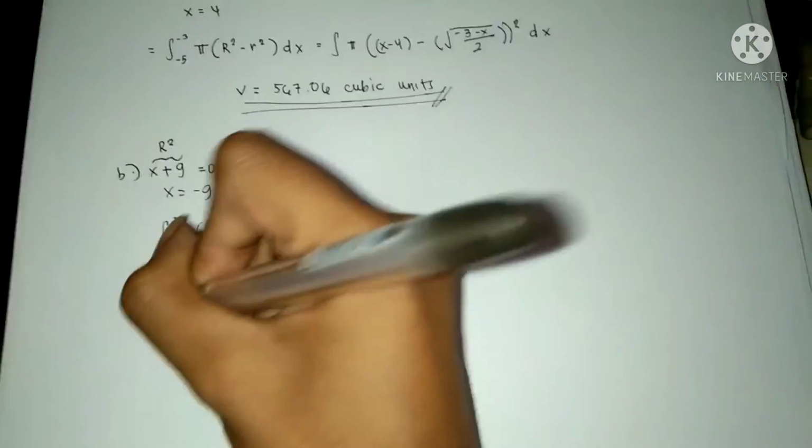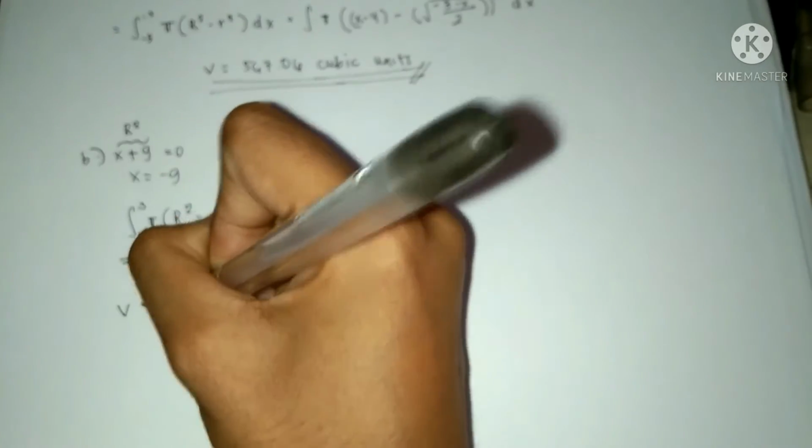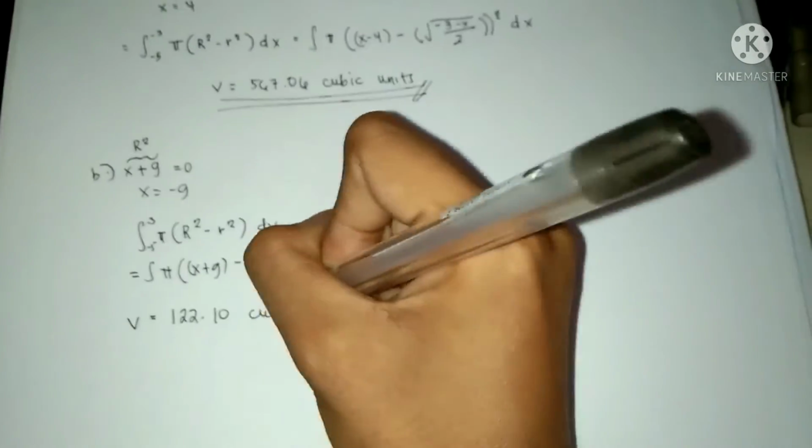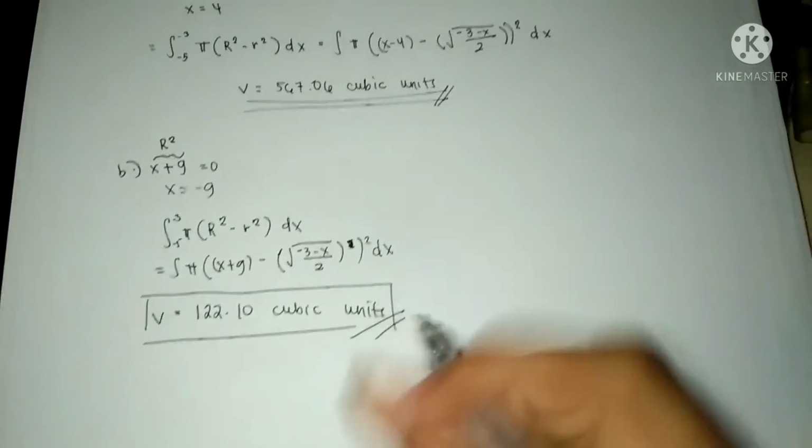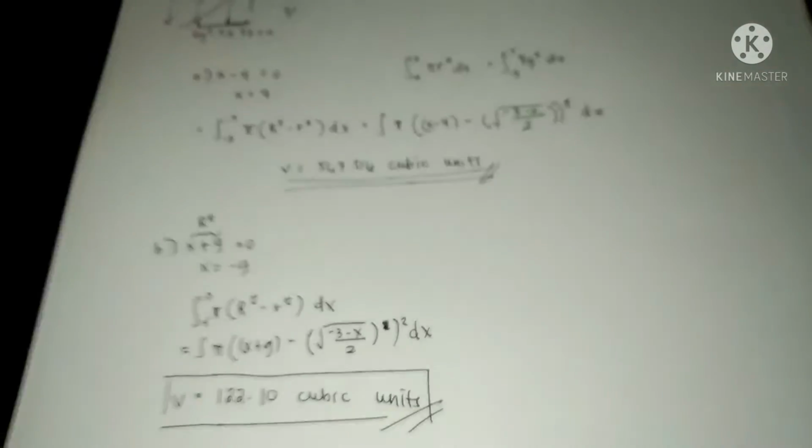So, it is equal to 122.10 cubic units. So, this is letter B and this is the answer for letter A.